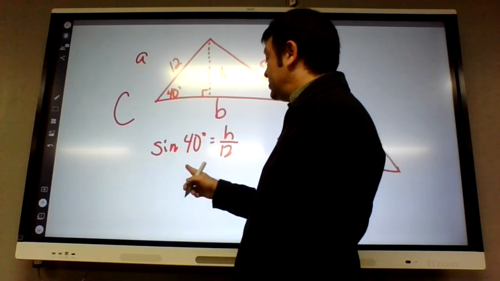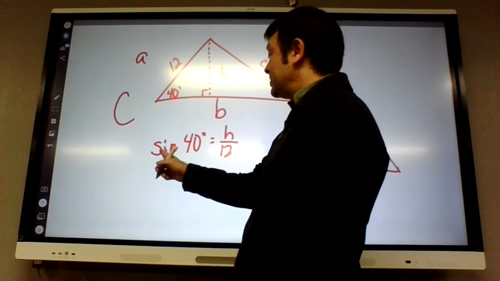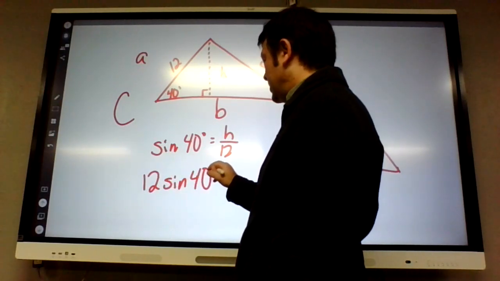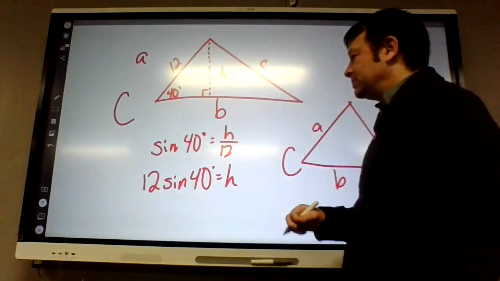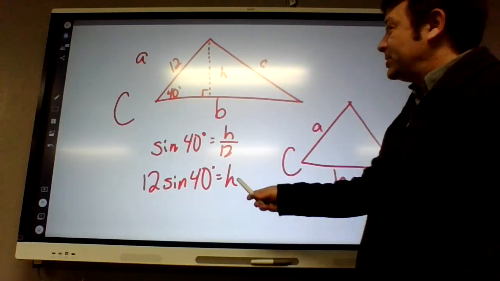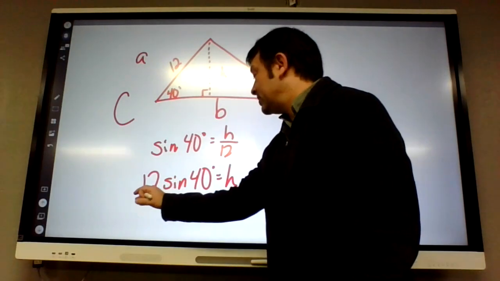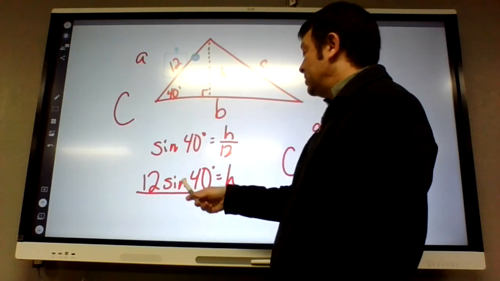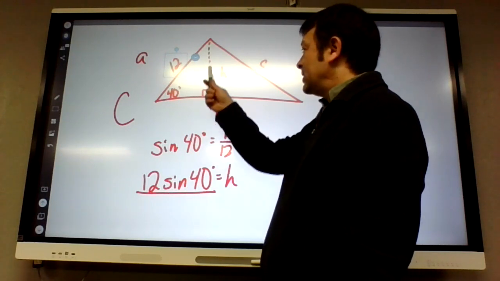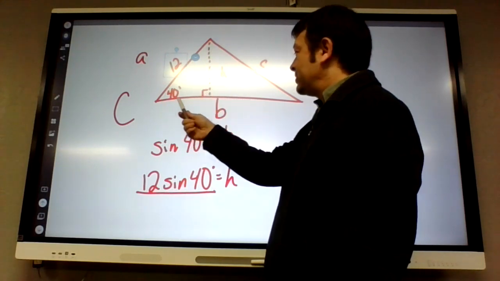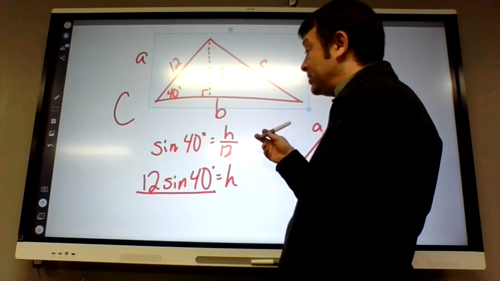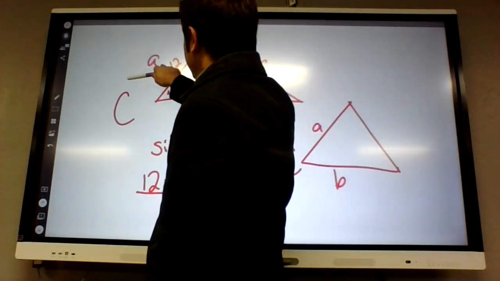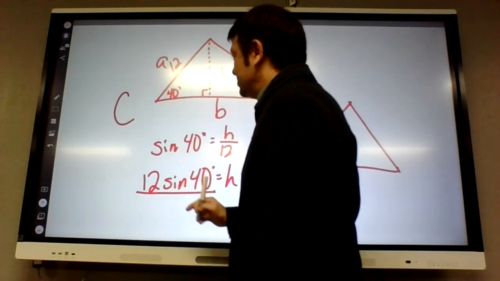So if we just do 12 times sine of 40, that would give us the height. That gives us the height, and if we do that times the base and divide by 2, that would be the area.